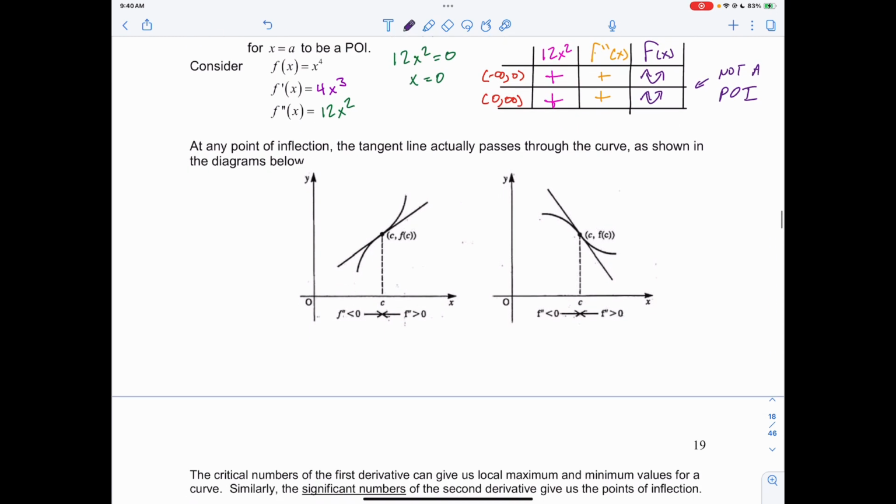So at any point of inflection, the tangent lines actually pass through the curve as we see here. When we go from concave down to concave up, our slope is going to cut through there and go from a tangent line above to a tangent line below, or vice versa.